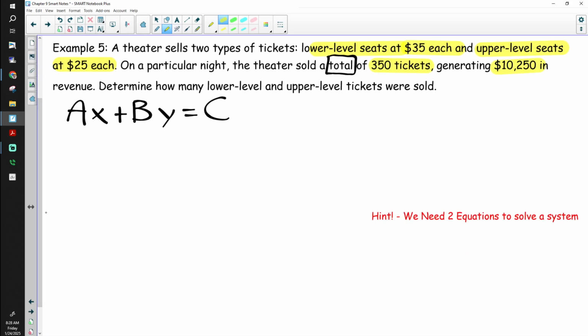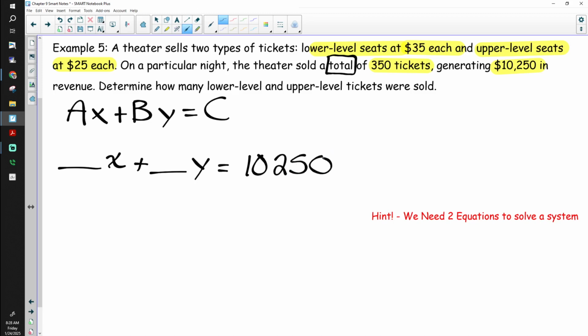So I'm going to have blank x plus blank y equals one of my totals. For example, 10,250. Okay? I need to figure out what's going to go in for a and b.